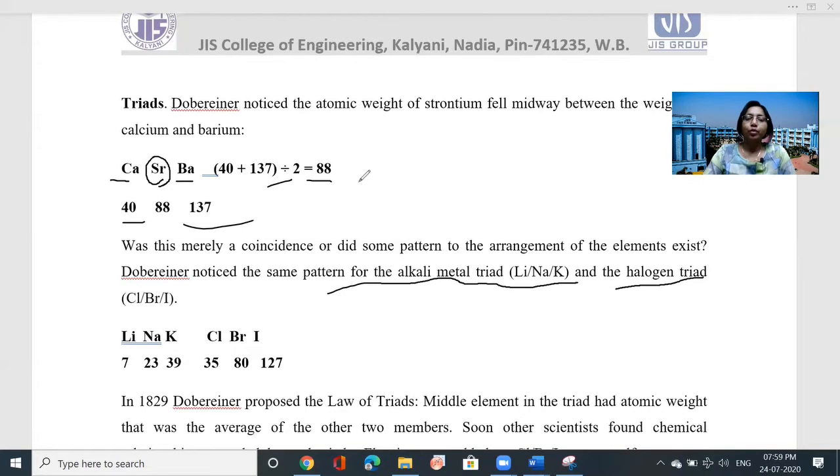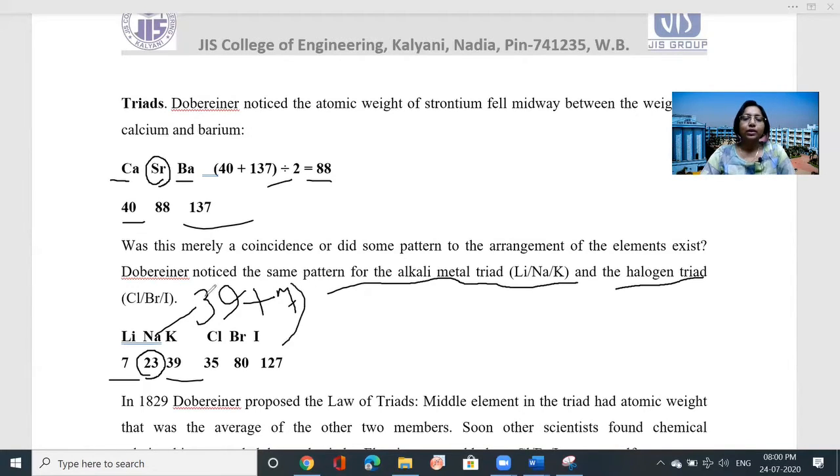So he found more examples, like another triad, the alkali metals lithium and potassium. In between we get sodium, Na. For lithium and potassium, you add 39 plus 7, which gives 46.